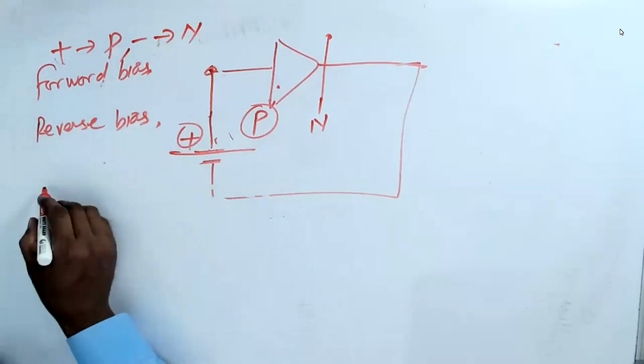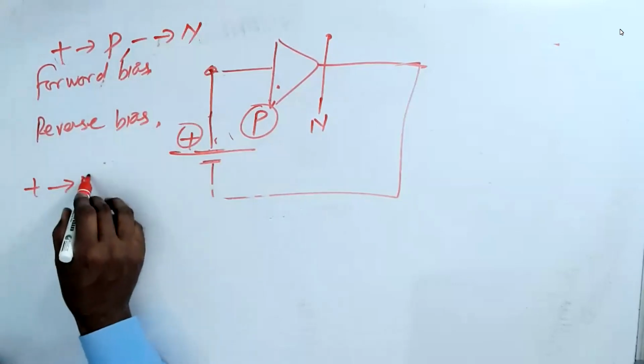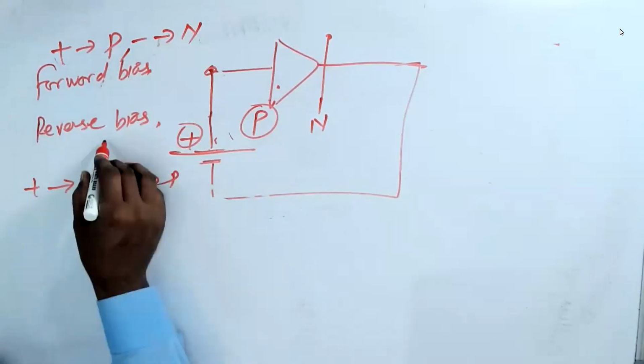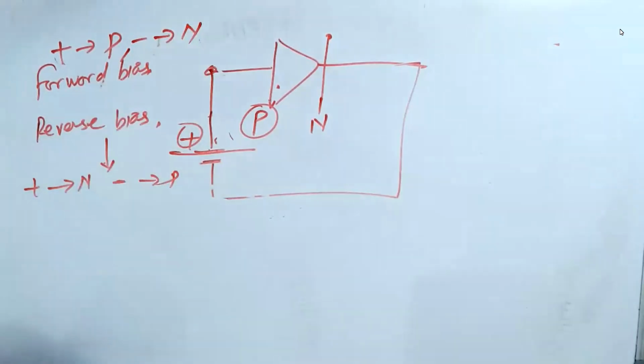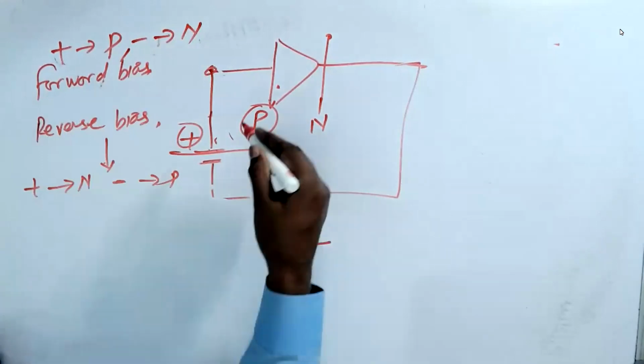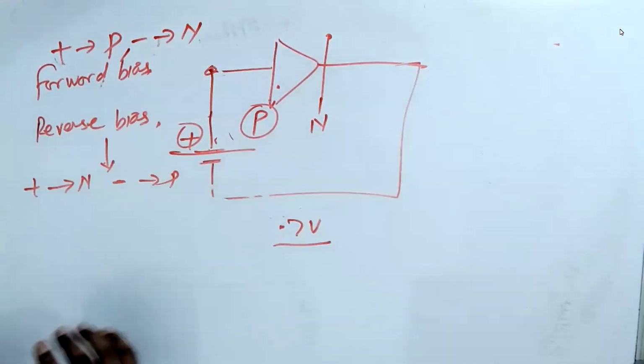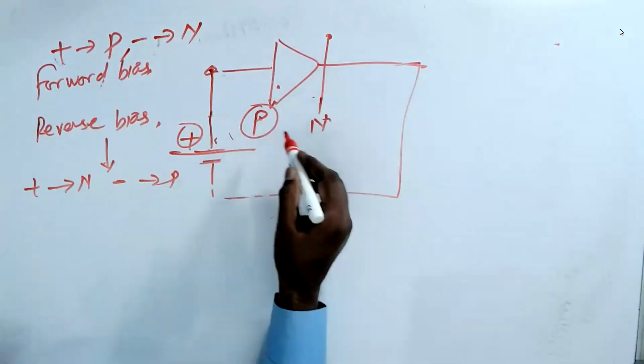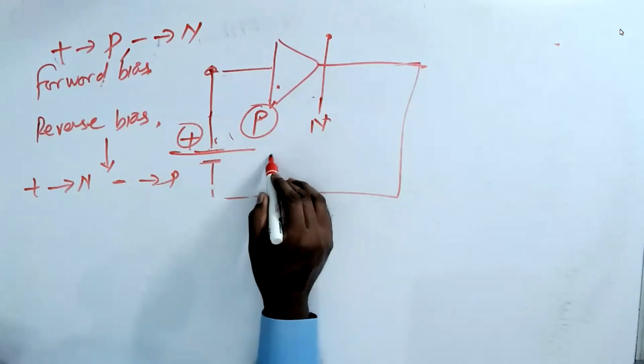If you do it the other way, positive to N and negative to P, that's called reverse bias. That means no current. But even in forward bias, you're supposed to give 0.7 volt. Otherwise, current will not flow. It's off. Since there are two materials, they call this a diode.